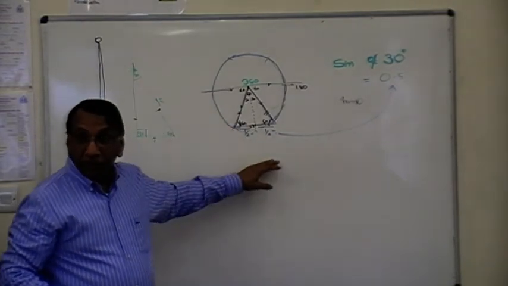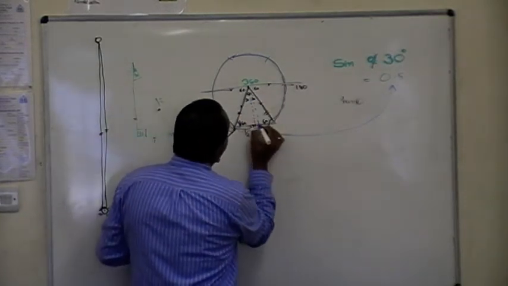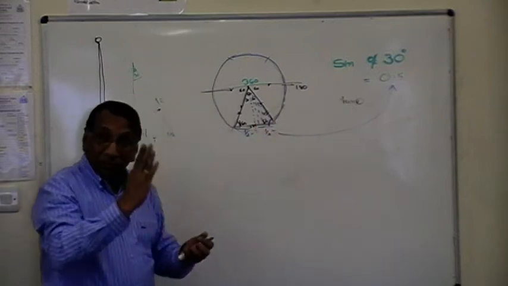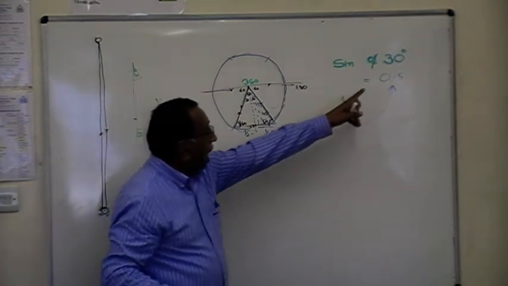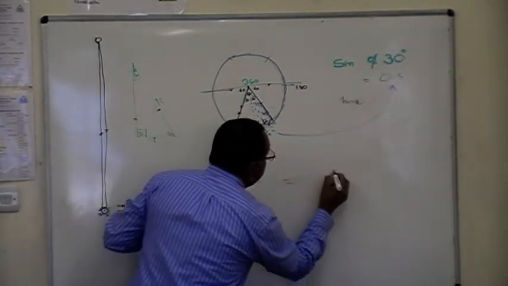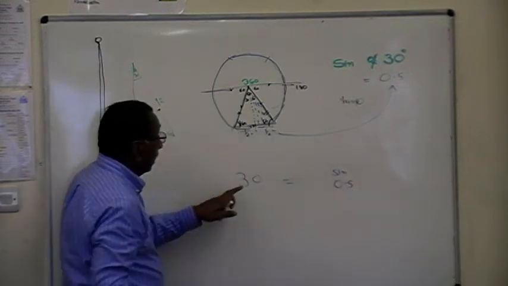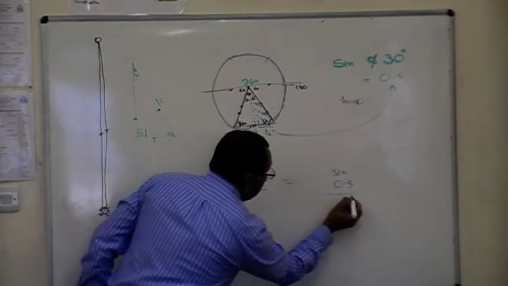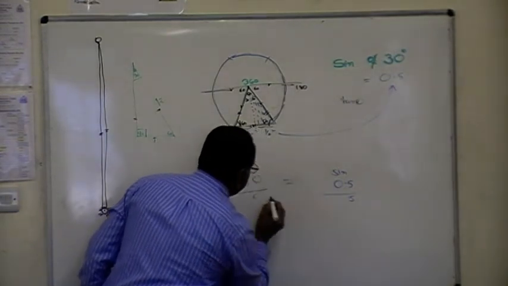This is the proof. Now if we go on dividing, every time just chop, chop, chop, and make fractions. So sine of 30 degrees equals 0.5.